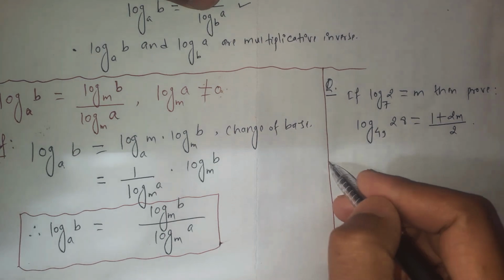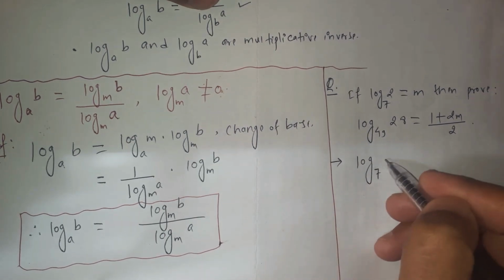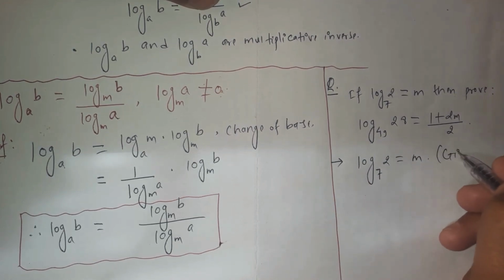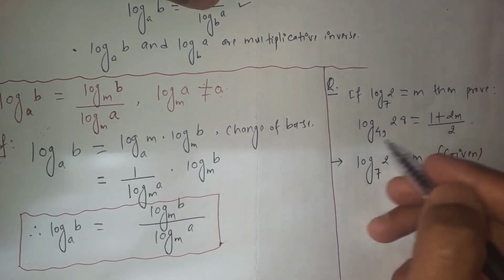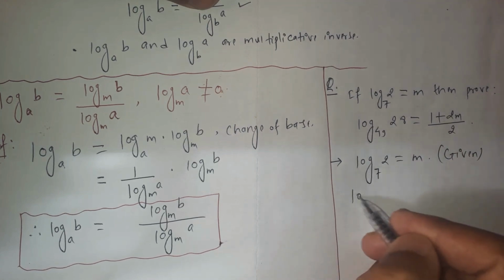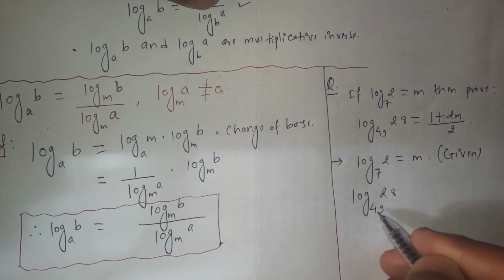Let's solve it. It is given that log with base 7 of the number 2 is m. This is given in the question, and we are going to prove this. The left hand side of this equation is log of 28 with base 49.